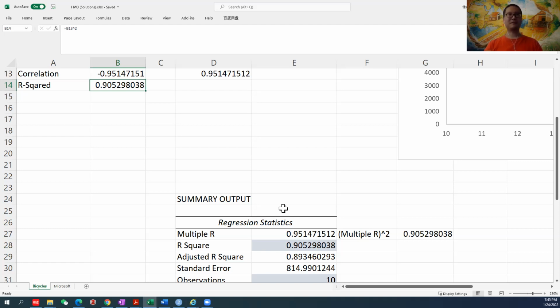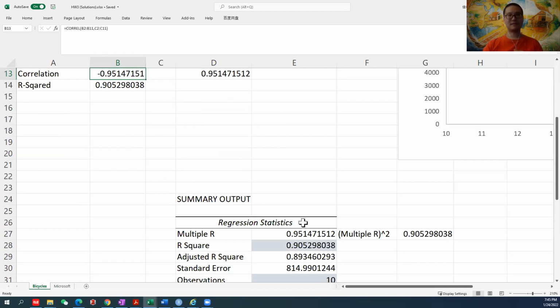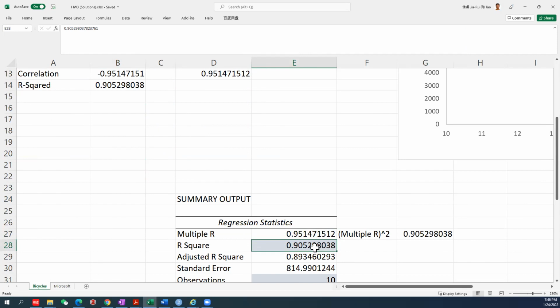But we can simply calculate it by squaring it. But as I said, it does not make much sense to compare these two statistics, saying that the R square is smaller than multiple R. It does not reveal any information. But what you said is true.